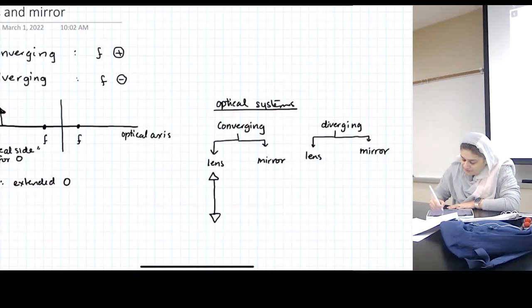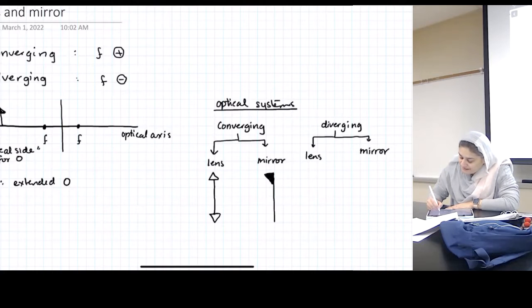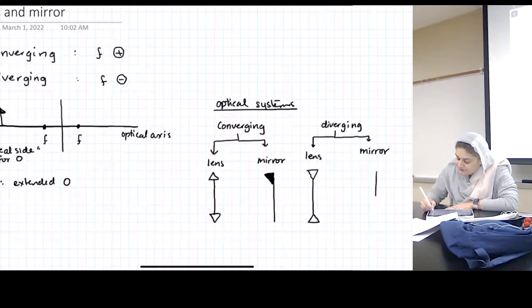A converging mirror, on the other hand, I draw like this. That tells me it's a mirror when I fill it in. So for a lens, I will draw both sides. For a mirror, I only do one. For a diverging lens, it's a lens, so how many sides should I draw? 2. So I will draw my diverging lens like this, and I will draw my diverging mirror like that.